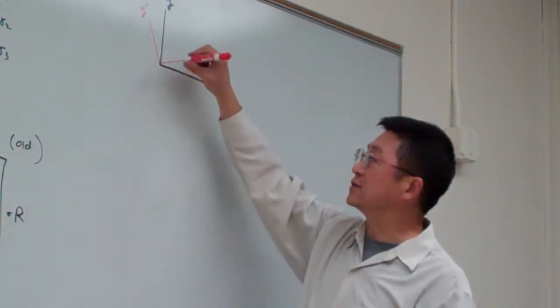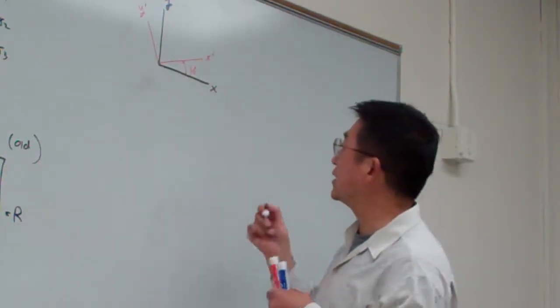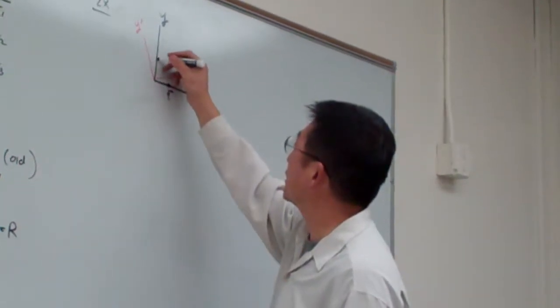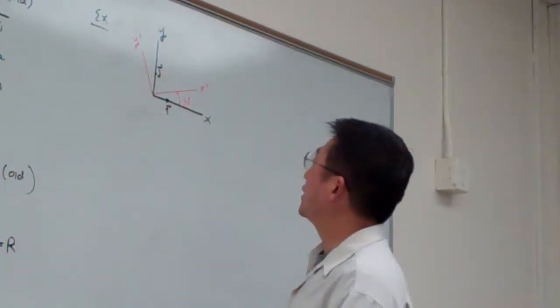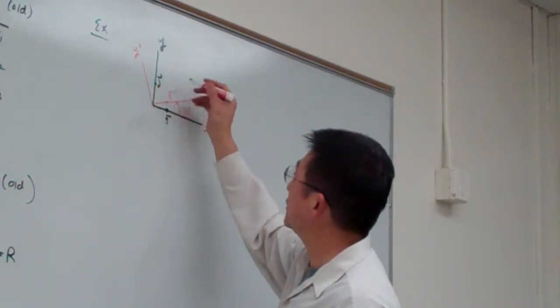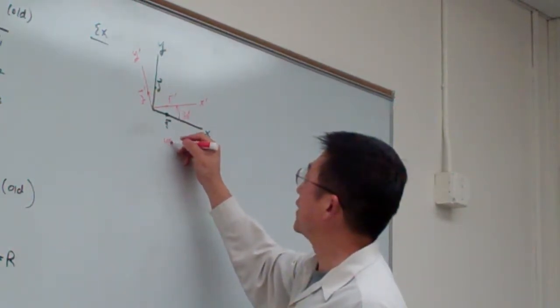Okay, z-axis is here. Again, let me say the unit vectors here are i and j, and then in the new coordinate system, let me call them i prime and j prime. Those ones are the unit vectors.